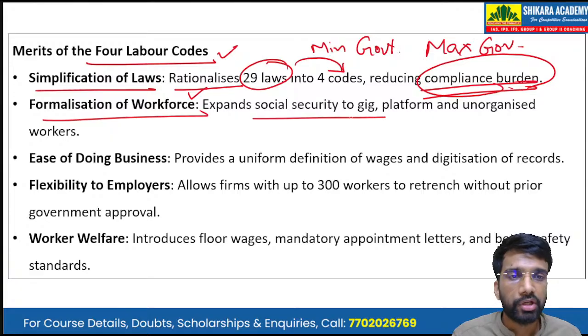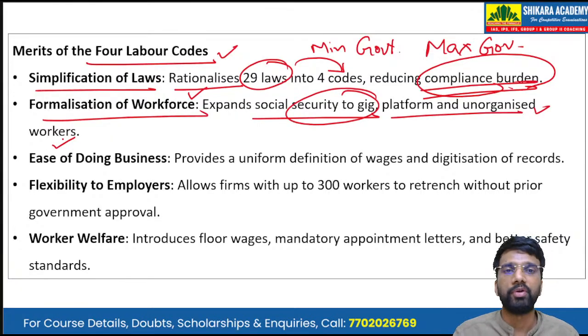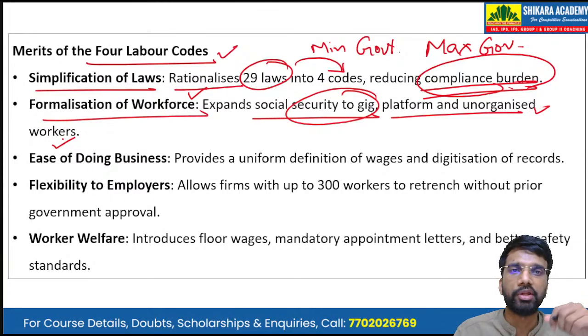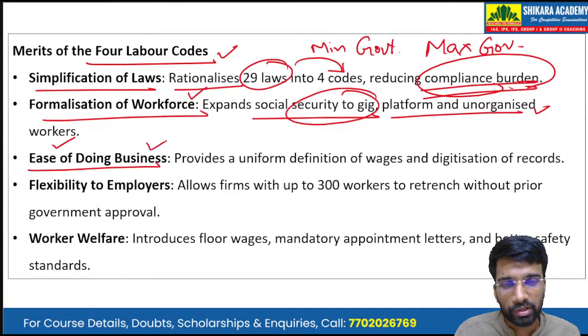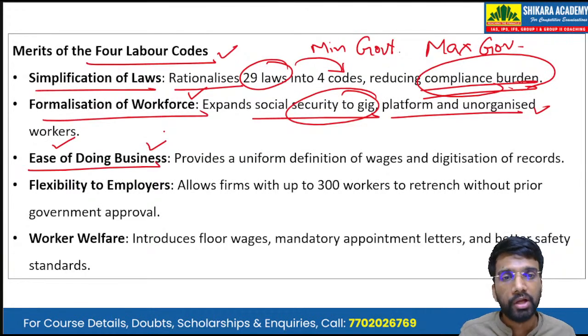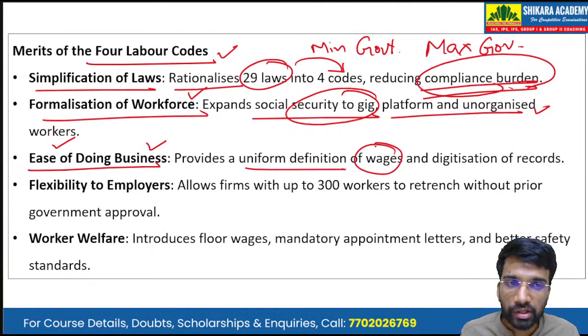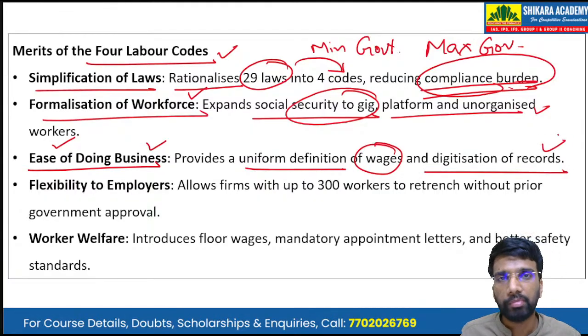It expands social security to gig, platform, and unorganized sector workers. Third is ease of doing business, because it is providing for industrial reforms and labor reforms. It provides a uniform definition of wages and digitization of records, ultimately leading to ease of doing business.